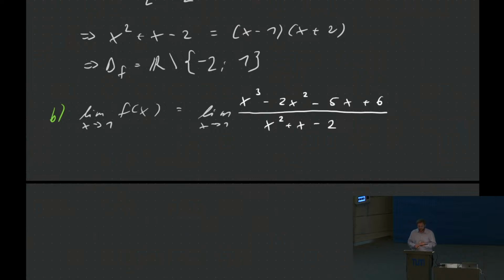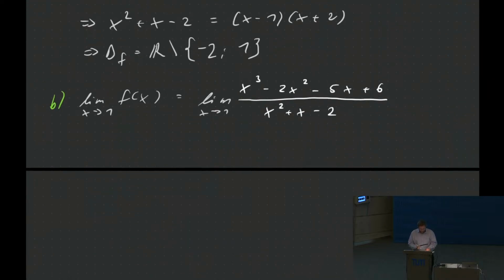Okay, so we have to simplify that expression somehow before we can compute the limit. And one way to do that, we already know with factorization of the denominator. We already know that can be written as x minus 1 divided by x plus 2.